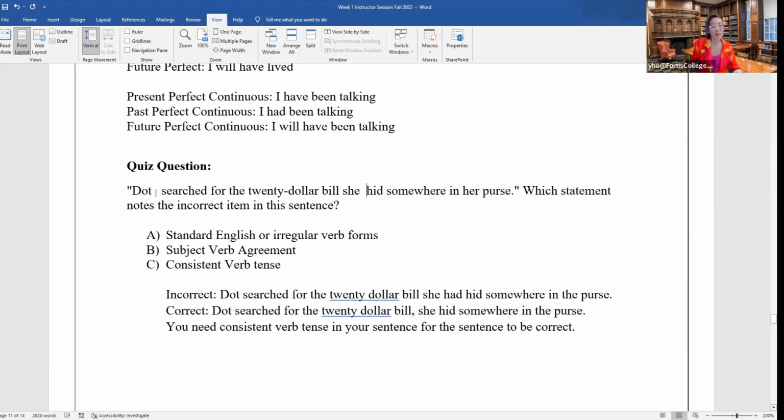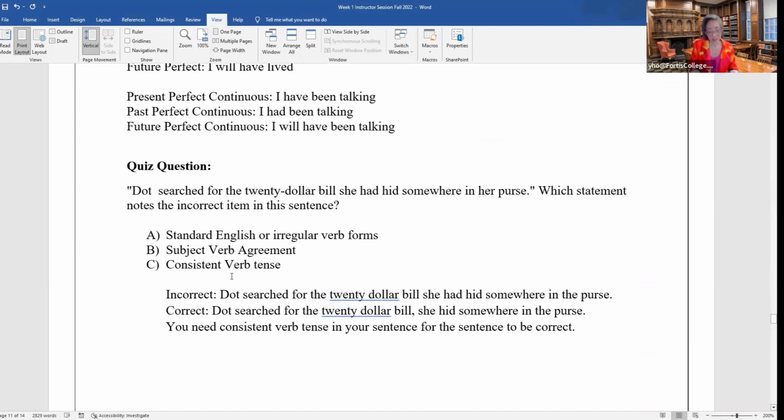Now, if I wanted to write dot had searched for the $20 bill she had hid in her purse, now you have it correct, okay? Because you have to have either simple past and simple past, or a past perfect and a past perfect. And so here, this sentence is not correct because, also, the past perfect usually comes before the simple past. And so the correct answer is consistent verb tense.